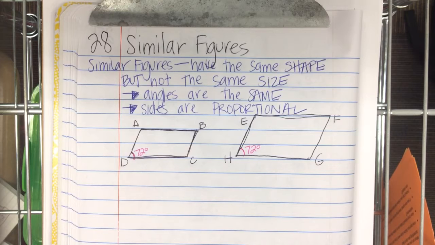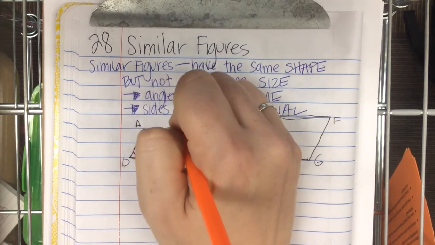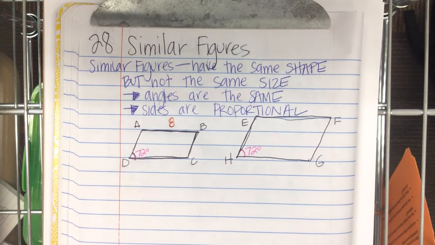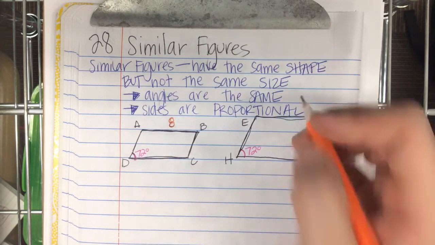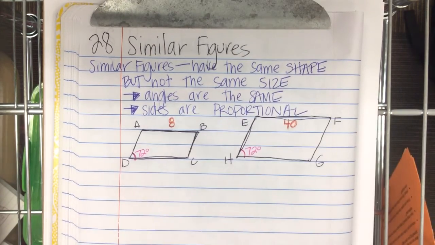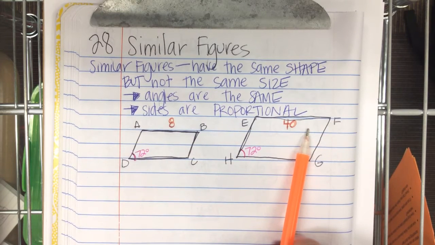Their sides are proportional. So if this side is 8, and this side right here, I have to write on the inside of it, I didn't give myself enough room, is 40. Maybe I can common sense it. 8 times what is 40? 5.